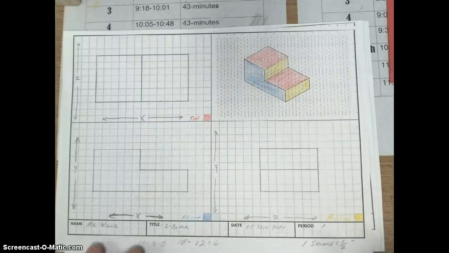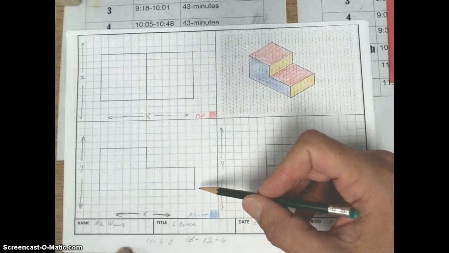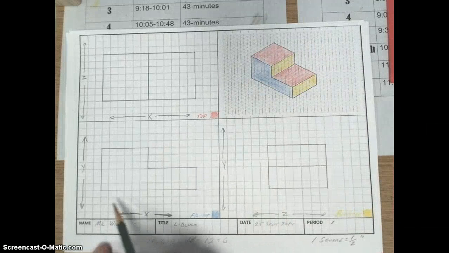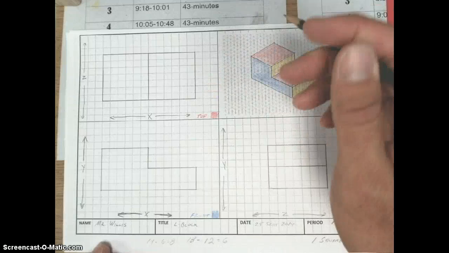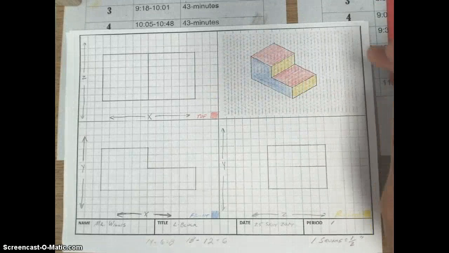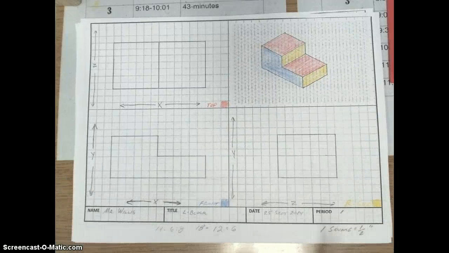Okay? So when we start off here with the L block, your overall dimensions should be 6 blocks high, 12 blocks long, and 7 blocks deep. And when we talk about dimensioning, there are hundreds of dimensioning rules, but I'm probably only going to talk about less than 10 with you guys, because for what we're doing, that's all we really need to know.